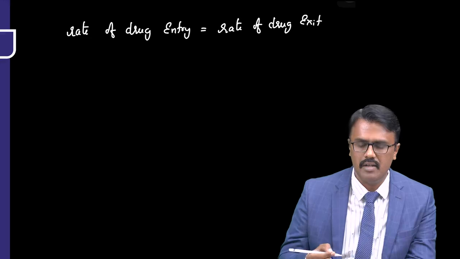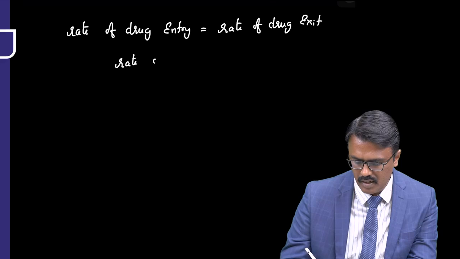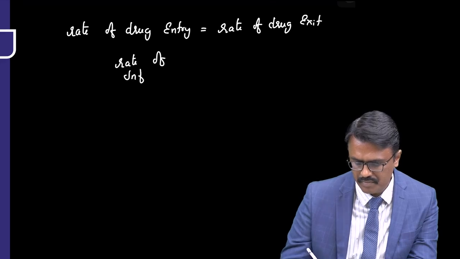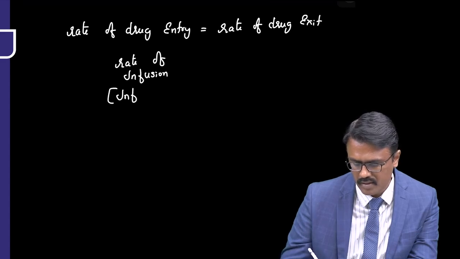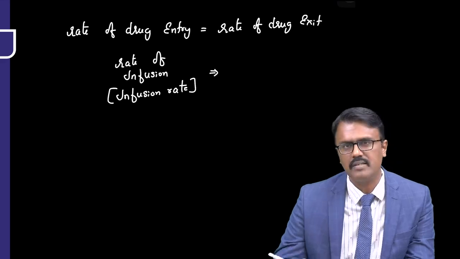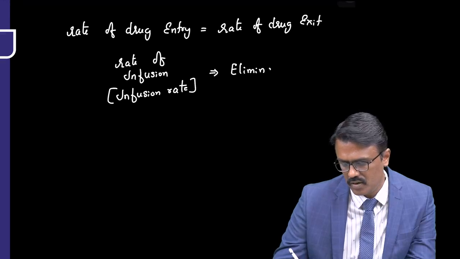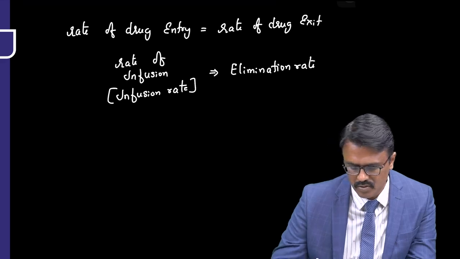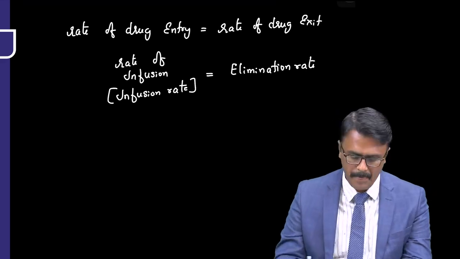Rate of drug entry is what we mean by the rate of infusion, or infusion rate. It is equal to rate of drug exit, which is also called elimination rate. So this should be equal. Then we call it steady state plasma concentration.